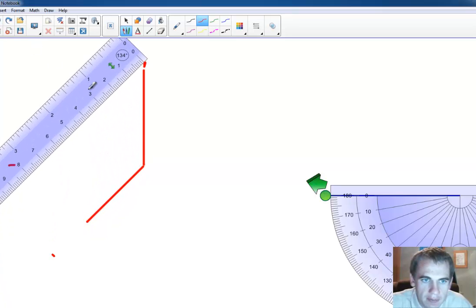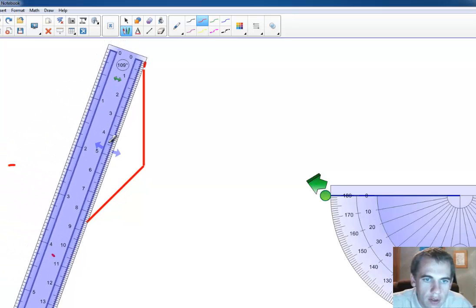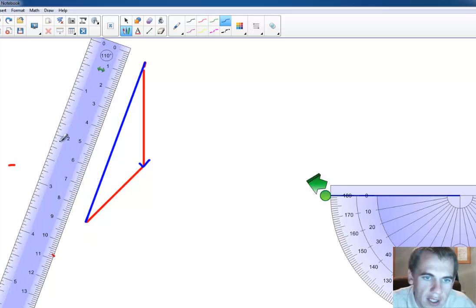So I'm going to move this back to the tip of the first one, rotate this around, and now I can draw in my resultant vector from the tail of the first one to the tip of the last one. I never did put my little arrowheads on there, but these vectors are going like that.